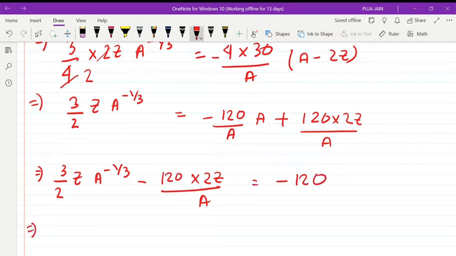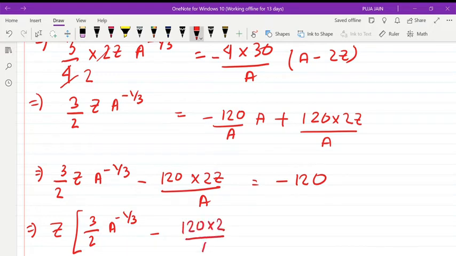If we take Z common, we are getting 3 by 2 A to the power minus 1/3 minus 120 into 2 by A equals minus 120.